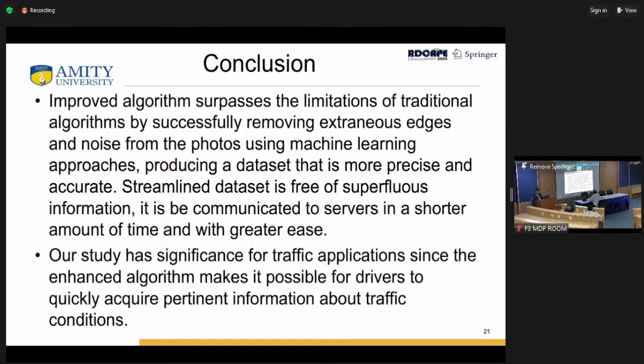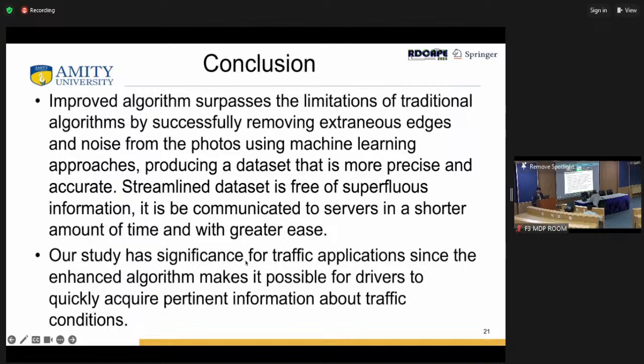And this is the conclusion. Our improved algorithm surpasses the limitations of traditional algorithms by removing extra edges and noise from the photos. As we saw, there was noise in Canny, and edges were not proper in Sobel also, but in the improved one both were handled. And the data set is more precise and accurate as compared to the traditional one.